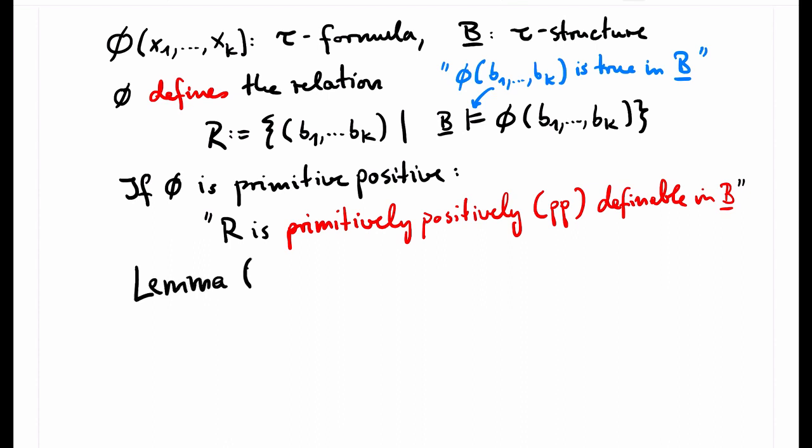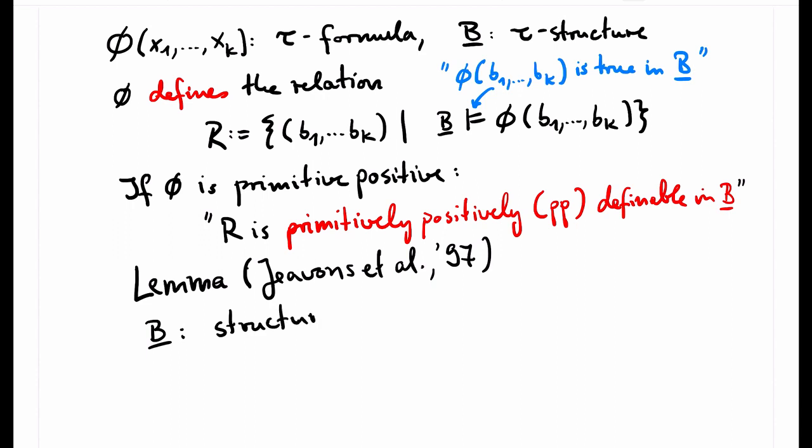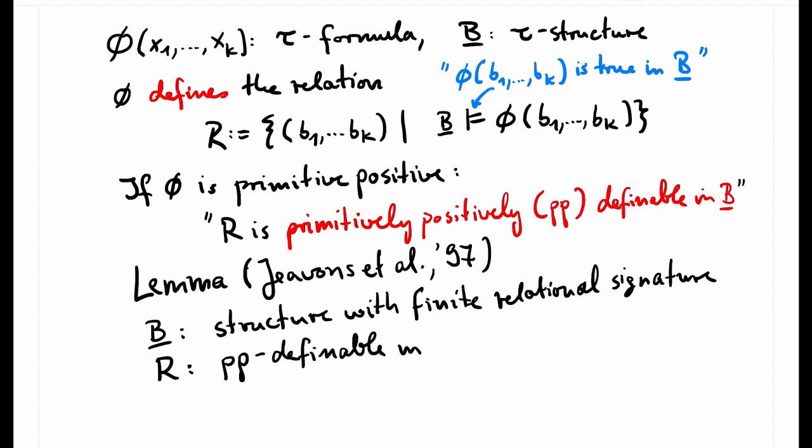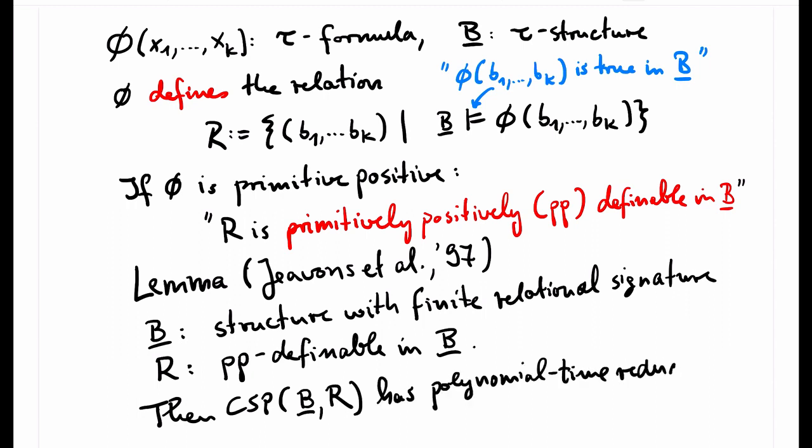The following lemma explains why primitive positive definability is so important when studying homomorphism problems. It states that if a relation R is primitively positively definable in B, then we can add the relation to the signature of B without increasing the computational complexity of the constraint satisfaction problem.